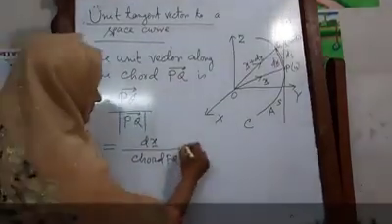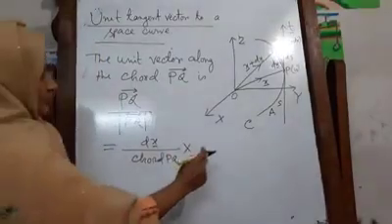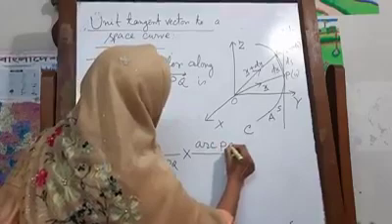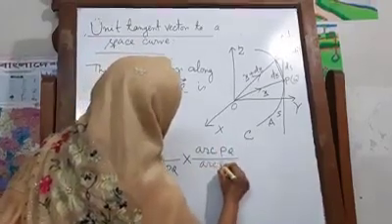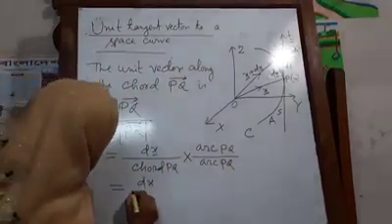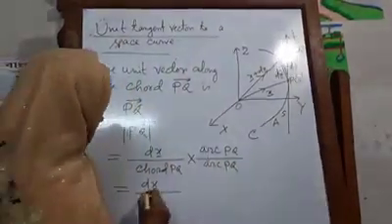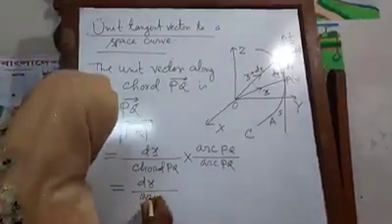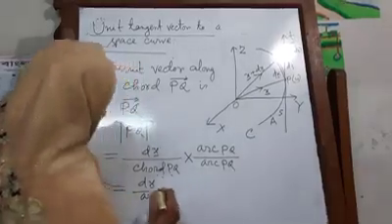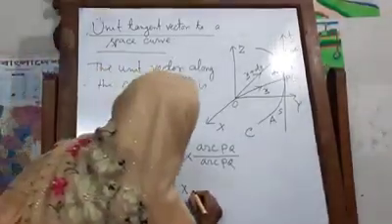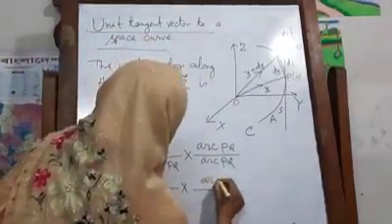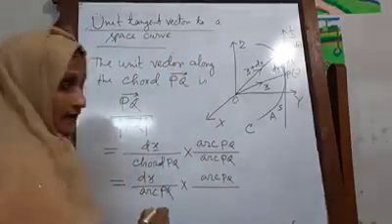Now we multiply numerator and denominator by arc PQ. Now δx divided by arc PQ, and multiplying arc PQ divided by chord PQ.